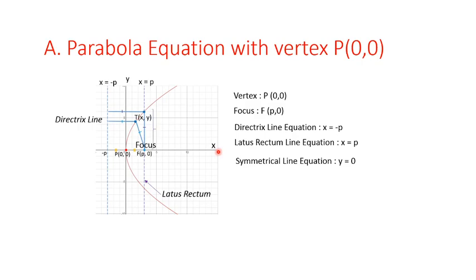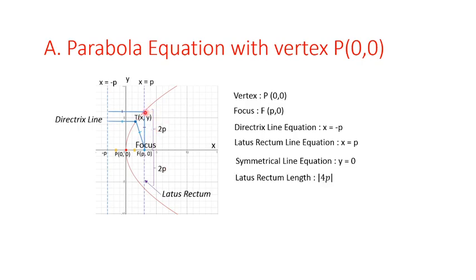What about the Latus Rectum length? See here, you can see why it is 4p. Please check again this point x, y. Since it is equidistant and the distance here is 2p, p plus p, from this point x, y to the focus is also 2p. Since the parabola is symmetrical, this is also 2p, so the Latus Rectum length equals 4p.